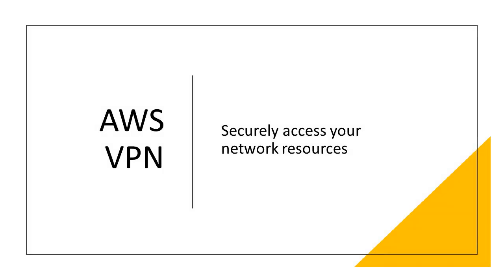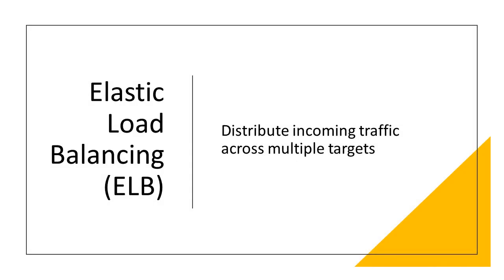AWS Virtual Private Network, AWS VPN, establishes encrypted connections between your network or device and AWS. Elastic Load Balancer Service. Elastic Load Balancing, ELB, is a load balancing service for AWS deployments. ELB automatically distributes incoming application traffic and scales resources to meet traffic demands.